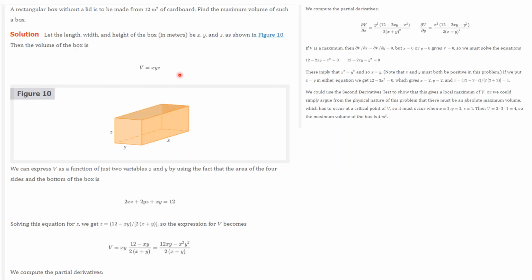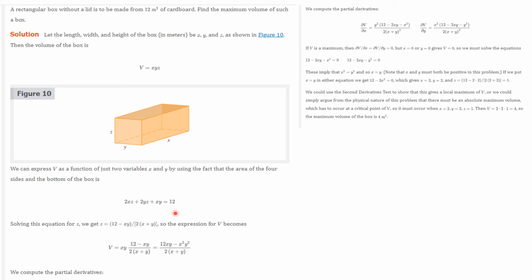Okay, so what we're going to do then is remember that the volume is equal to x times y times z. That's the thing we're trying to maximize, but now the surface area is constrained. So for the surface area, we have the other two sides, but we only have the bottom, and it is equal to 12.